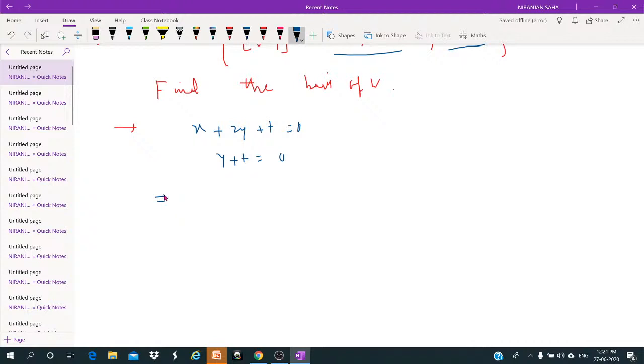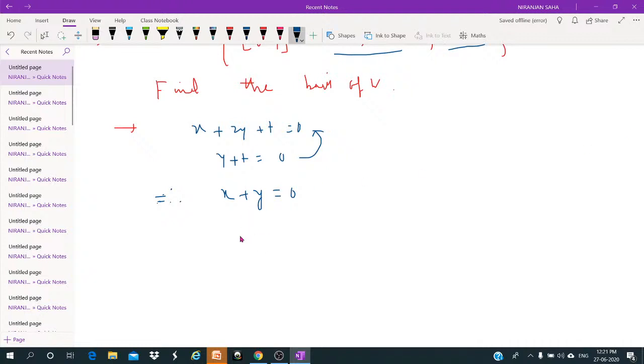If we put this in the first one, we will have x plus y is equal to 0. This is another equation.